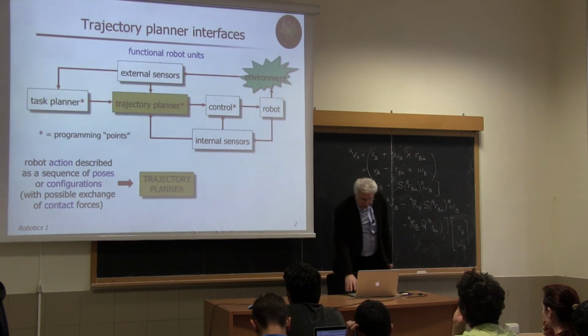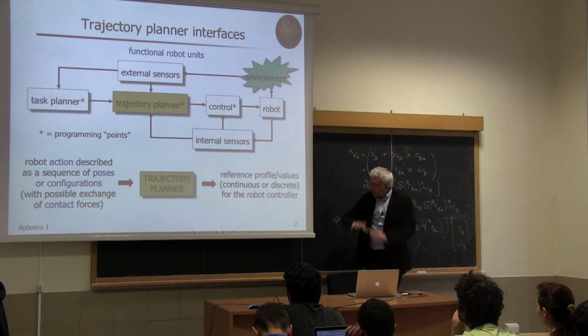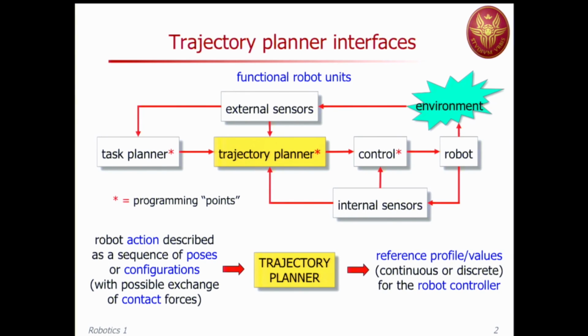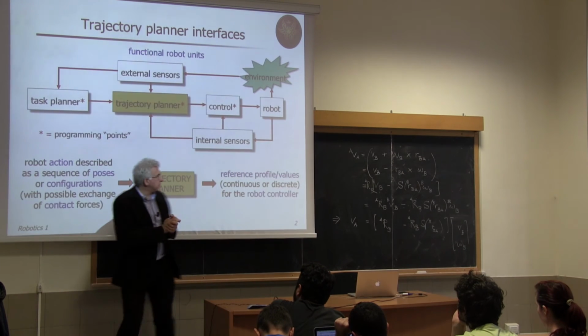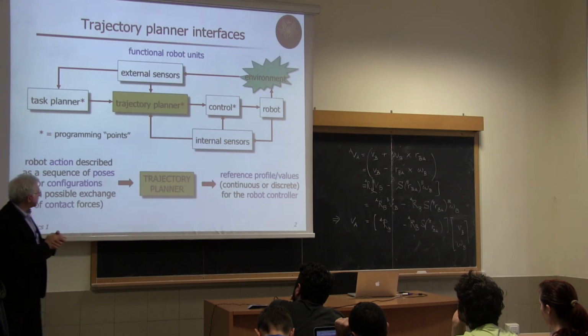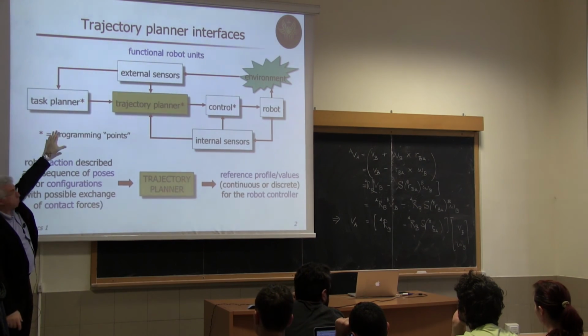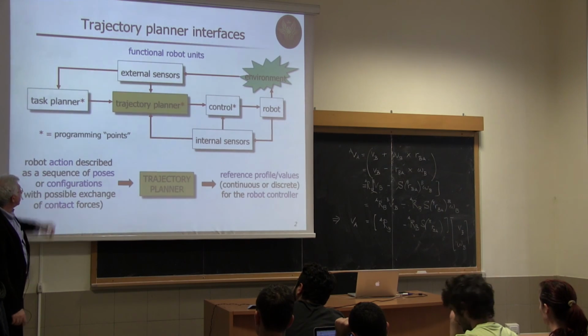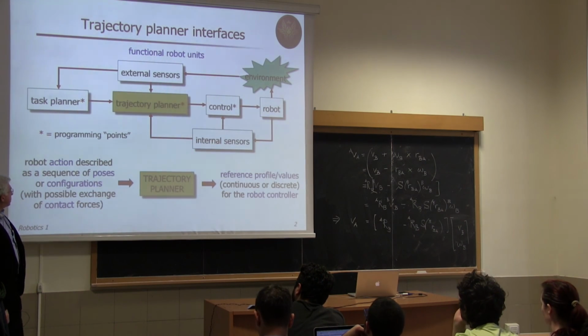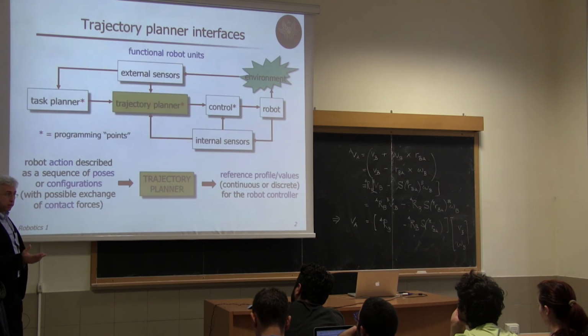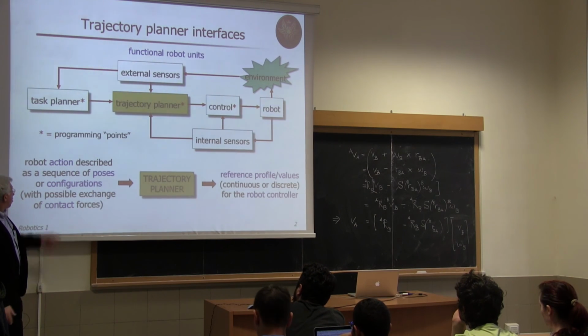Okay? So in this context, we will focus on this specific problem. Of course, there is more than this, but this is enough for describing many interesting things. So we start with the output of the task planner as a sequence of poses in the Cartesian space for the end effector, or sequence of configuration of the robot.